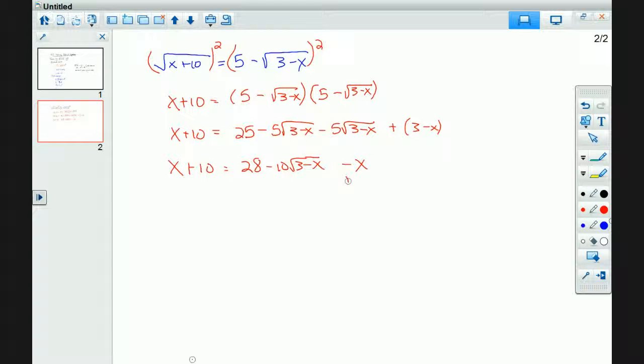So add your x, and subtract your 28. Cancels.